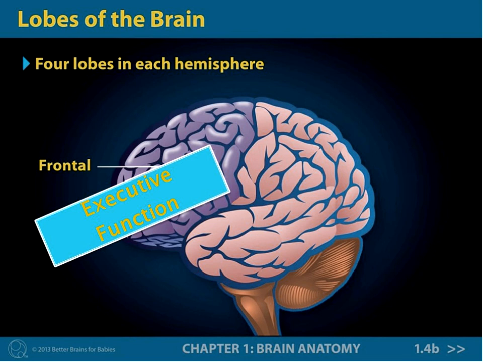Any of you have young children of your own under about age 12 to 15? Those are people who still don't have this frontal area, this prefrontal cortex, well developed. And so you see a lot of issues with executive function, especially in younger kids.